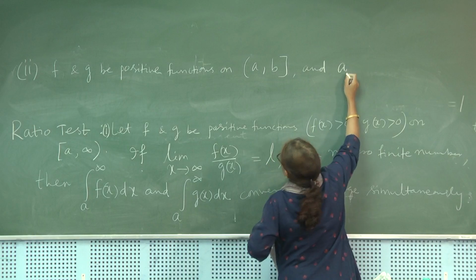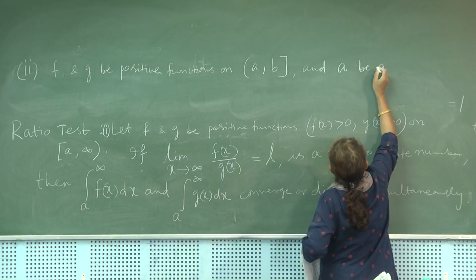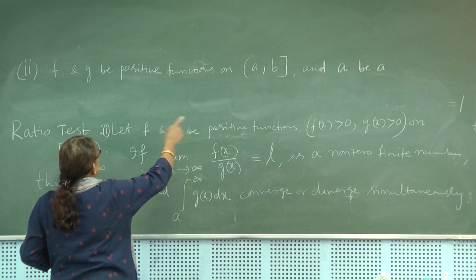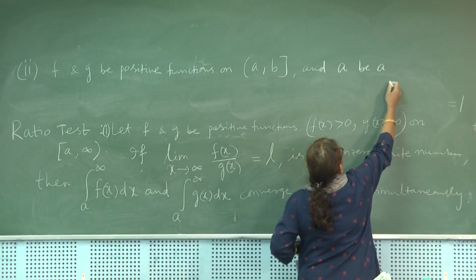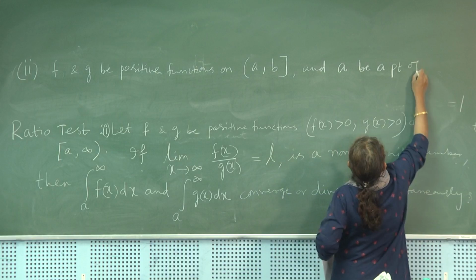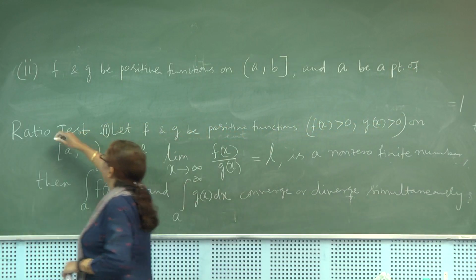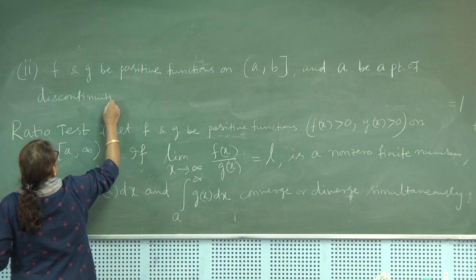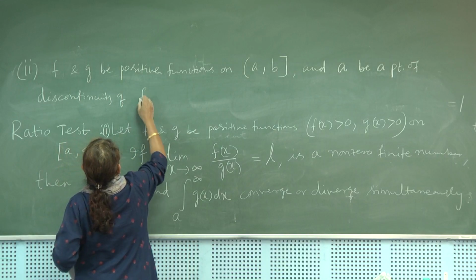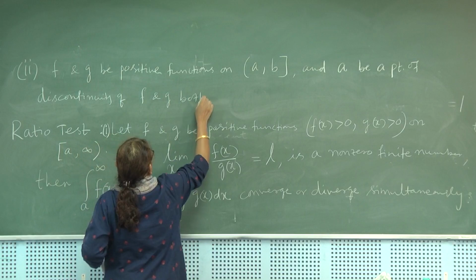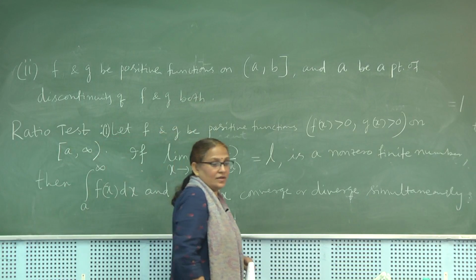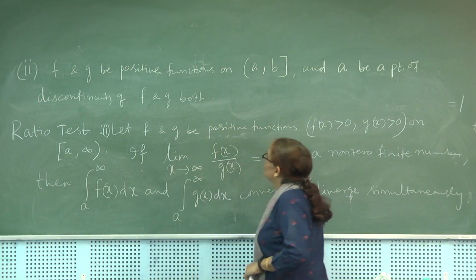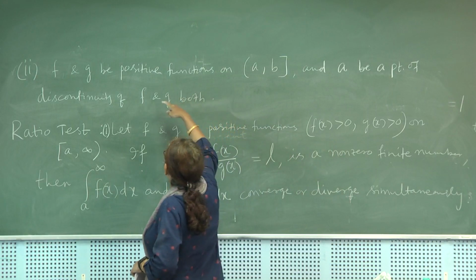And a is a point of discontinuity of f and g both. That means f and g both are unbounded at a. They are positive functions, and we can say that they are positive and continuous functions.